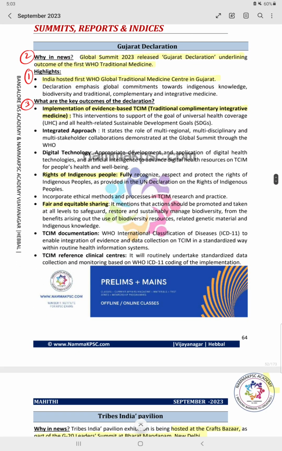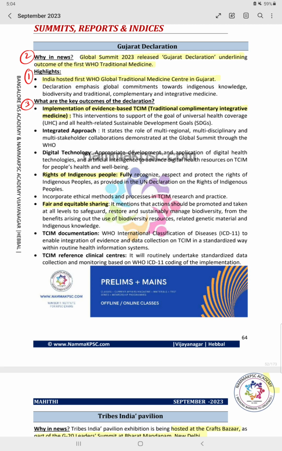Then we have the Gujarat Declaration. What is the Gujarat Declaration generally related to? This is related to traditional medicines. India hosted the first World Health Organization's Global Traditional Medicine Center at Gujarat. And in the Global Summit 2023, they also released the Gujarat Declaration underlining the outcome of the first WHO traditional medicine summit.